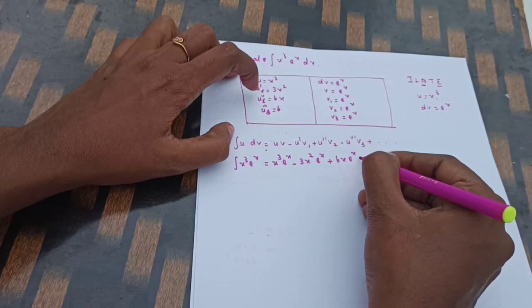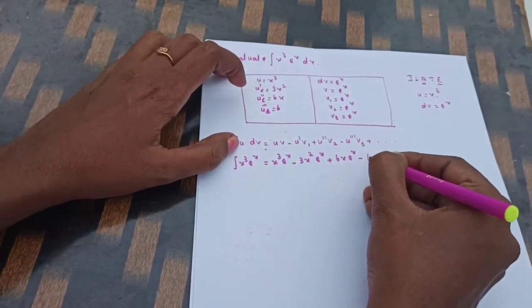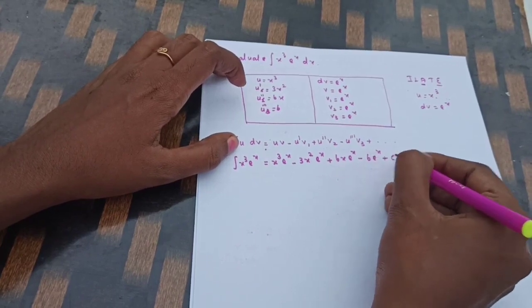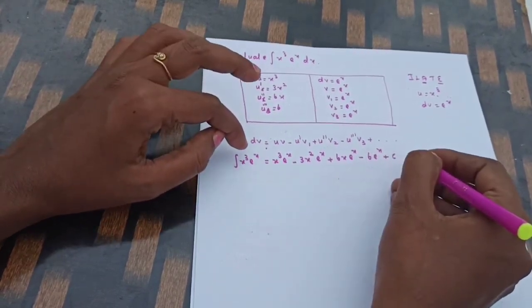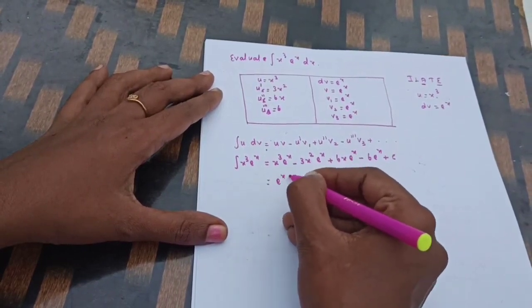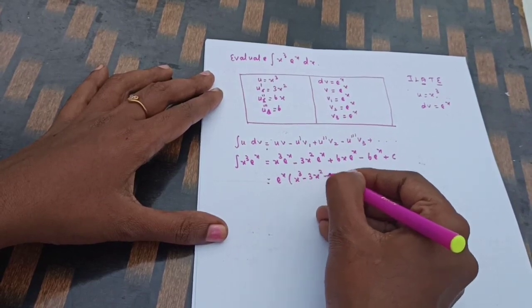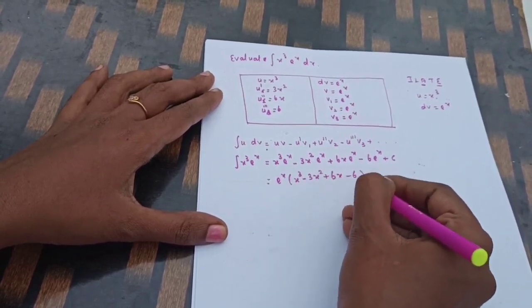Then minus the next value, 6 e power x, plus c. The next value will become 0, because of that I stopped there. That's equal to, what's common here? e power x is common. So what's the balance? x cube minus 3x square plus 6x minus 6, plus c.